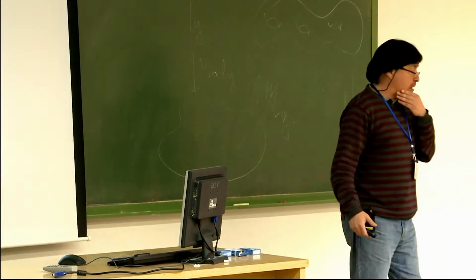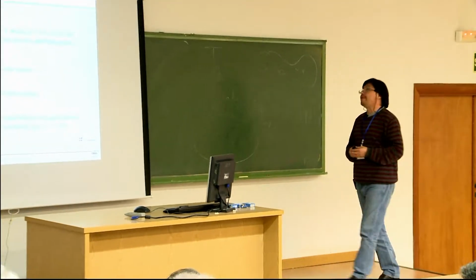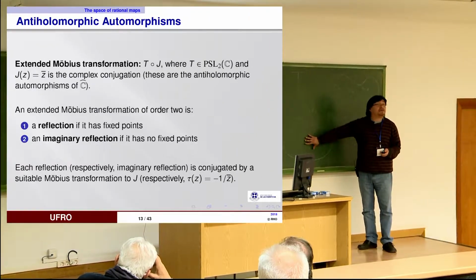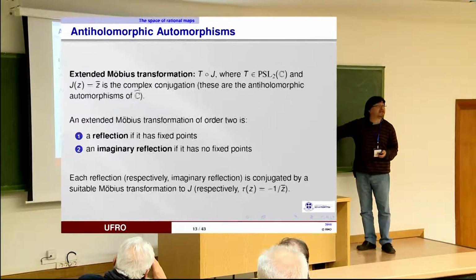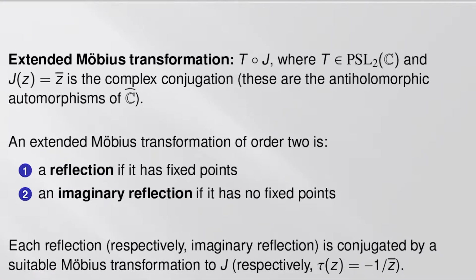So let me talk now about anti-holomorphic automorphisms. In moduli space, also as a complex orbifold, there is a natural real structure, which essentially means you take a Riemann surface and consider the conjugate Riemann surface structure. That produces an anti-holomorphic involution, whose locus of fixed points are the real points of that real structure.